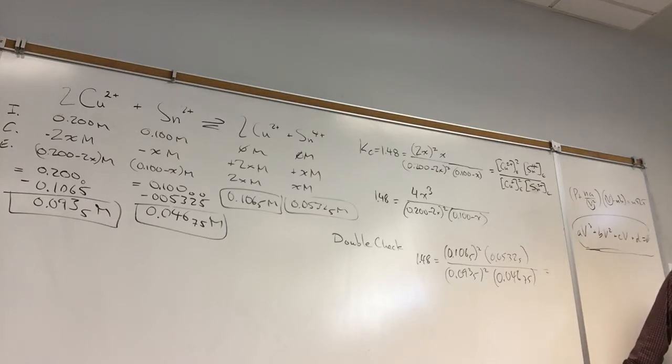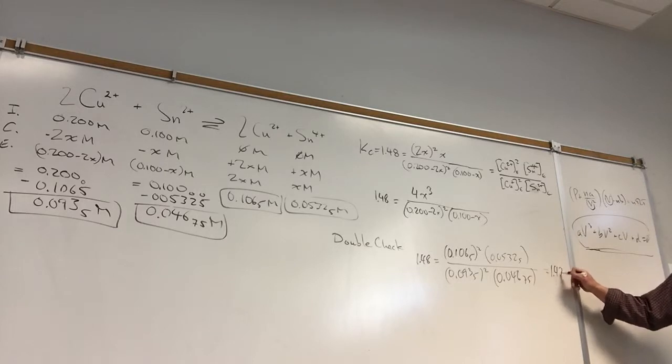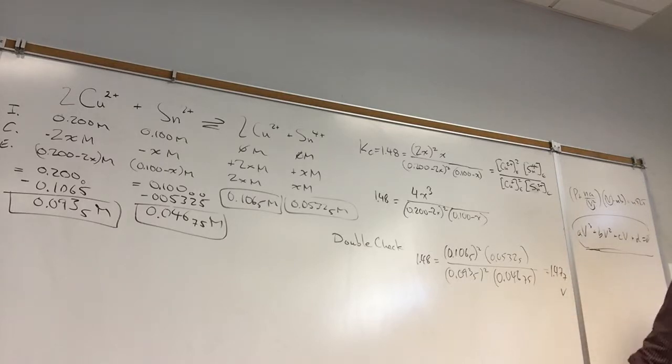See what it comes out to? This is just to make sure we didn't make any errors. What does it come out to? 1.477? As we expected, 1.477, which rounds to 1.48.